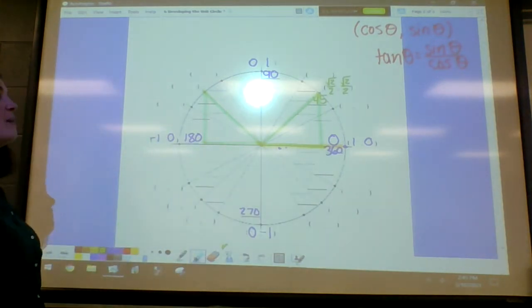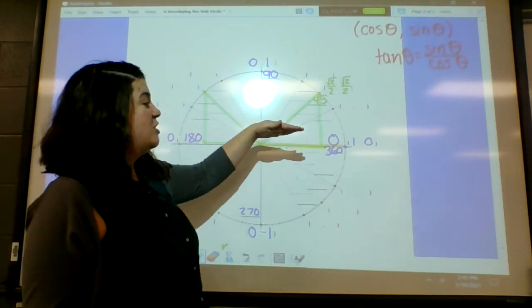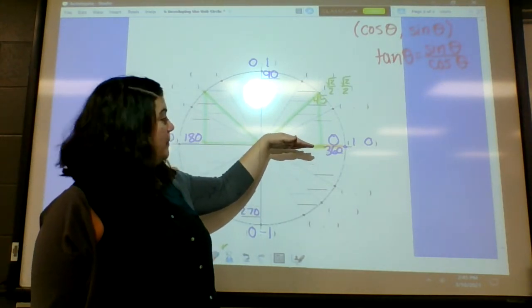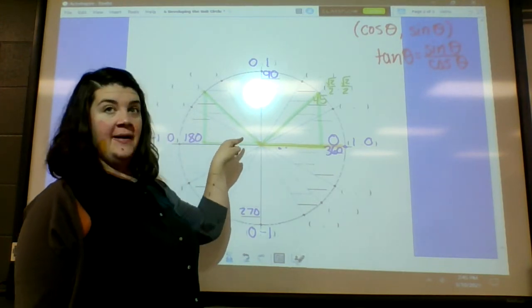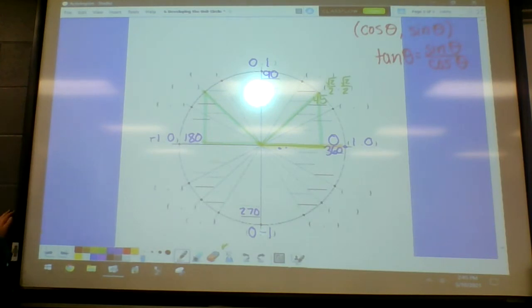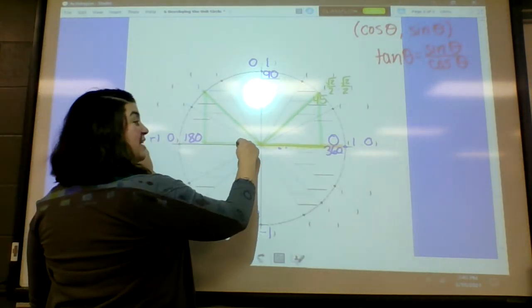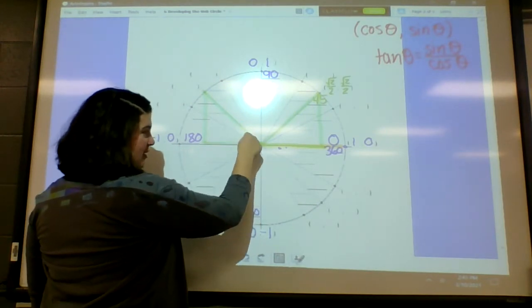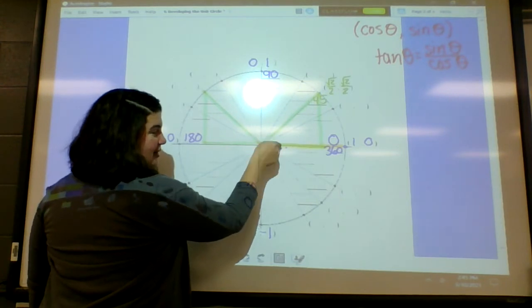So what is the angle measure of this line? Because the angle measure is not 45. The angle measure is based off of this one. So it's from here all the way up to that guy, and this side is 45. So what is it? This side's 45 from the line here down to this axis, right? And we need this side.